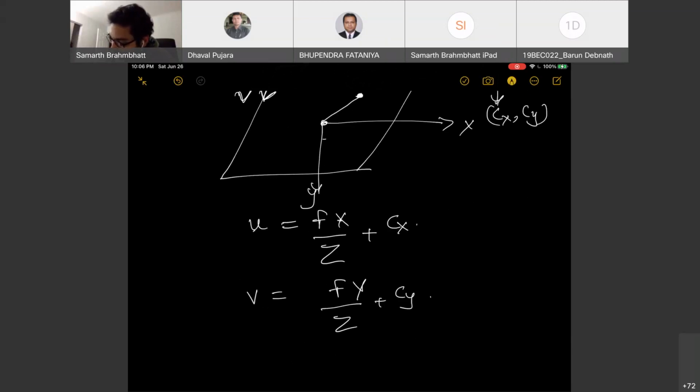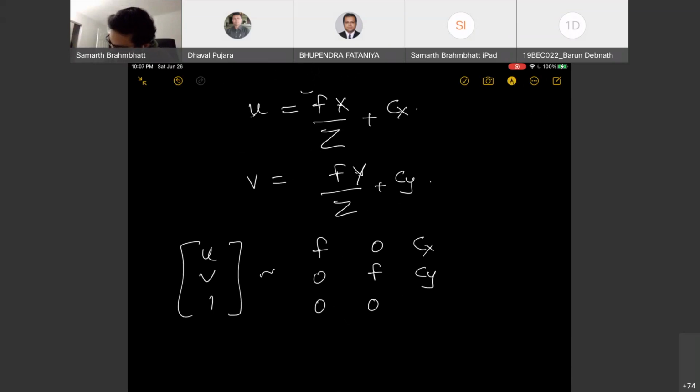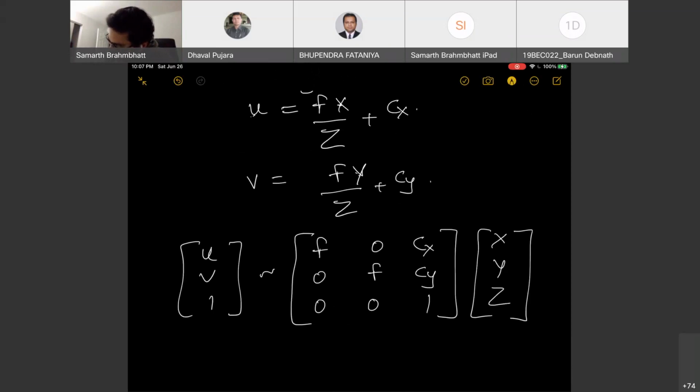That means if x equals 0, my u becomes Cx. And when y equals 0, my v becomes Cy. So our equation is updated like this: f 0 Cx, 0 f Cy, x y z.